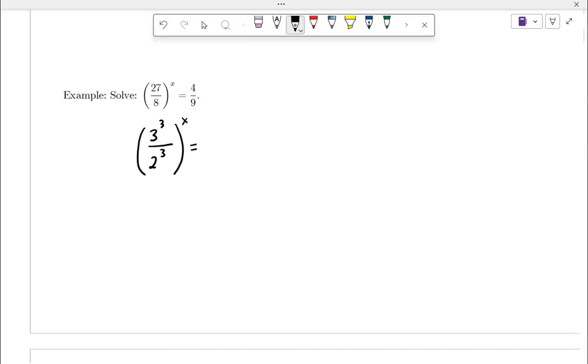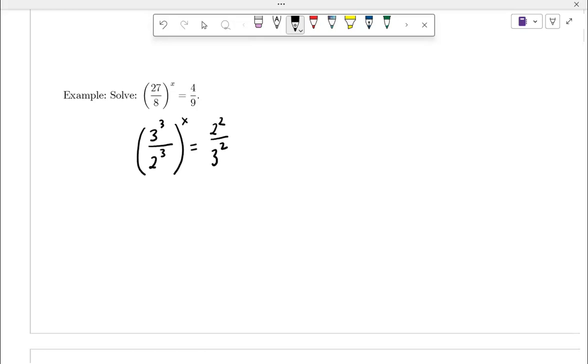Let's look at the right-hand side. 4 is 2 to what power? To the second, and 9 is 3 to the second, right? Agree with that? Now I kind of have the same bases, don't I? Because look at what you can do.